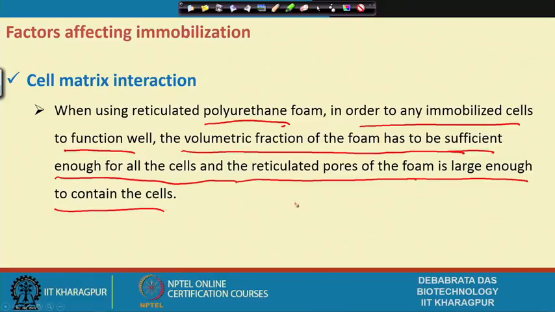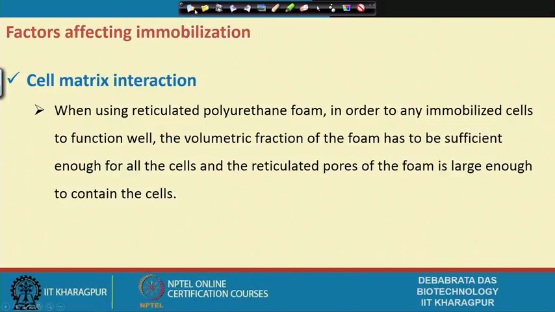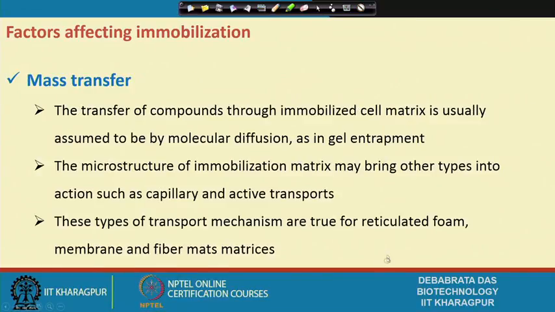I told you during enzyme immobilization that the pores of the solid matrix should be double the size of the enzyme, otherwise the enzyme cannot enter the pore. If the pore size is too large, there is every possibility of leaking. So, pore size plays a very important role in the immobilization of whole cells.